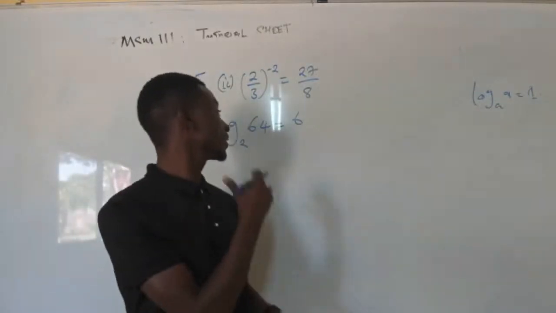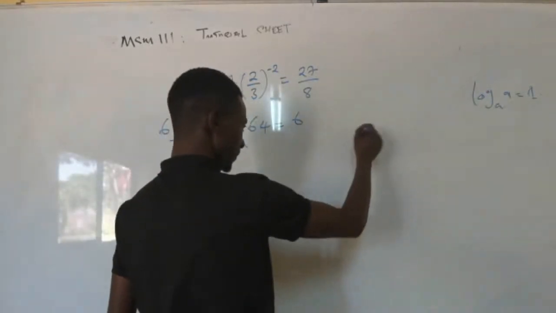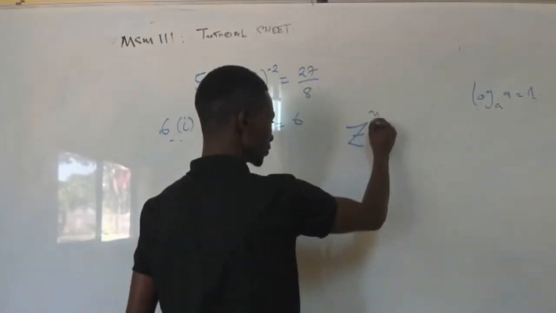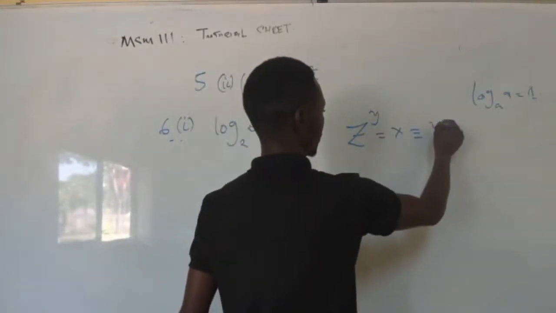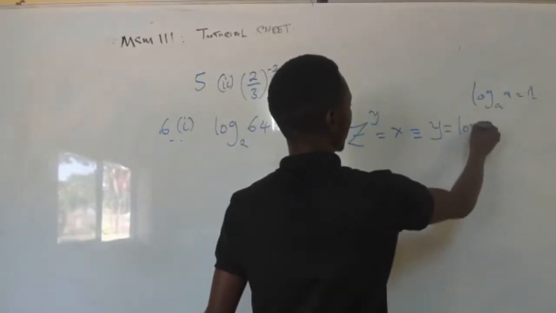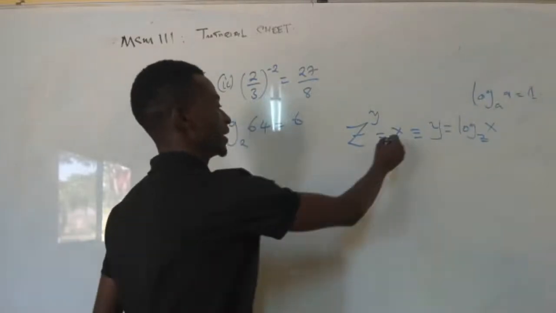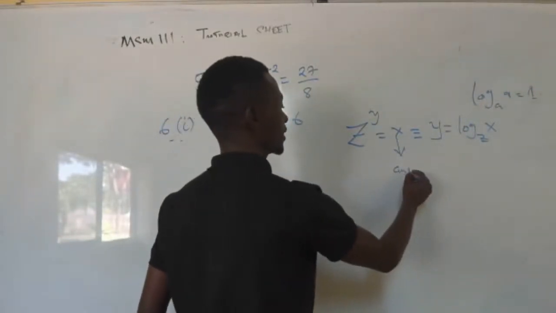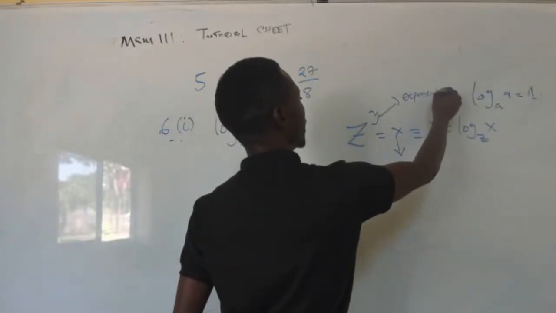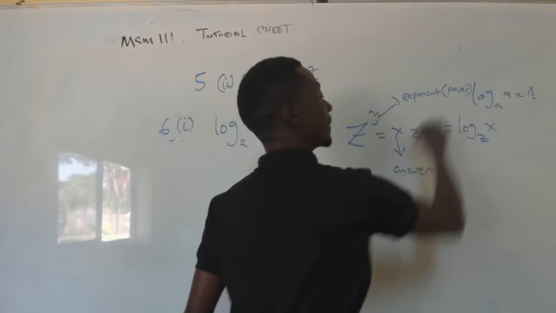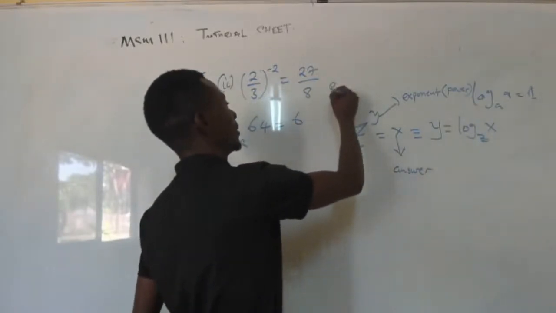Even this one, we're going to use the same concept. We say z to the power y equal to x is equivalent to y equal to log z of x, where x is our answer, y is our exponent or power, and z is our base.